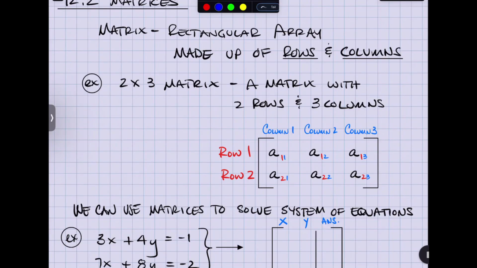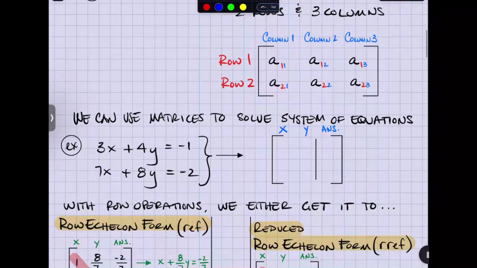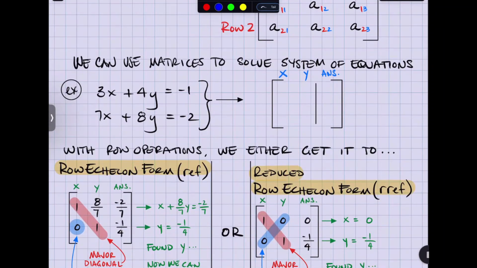So how we would use matrices to solve a system of equations is that if you notice here on the right side, I've got the x column, the y column, and the answer column. So I should back up here. Rewind, play.